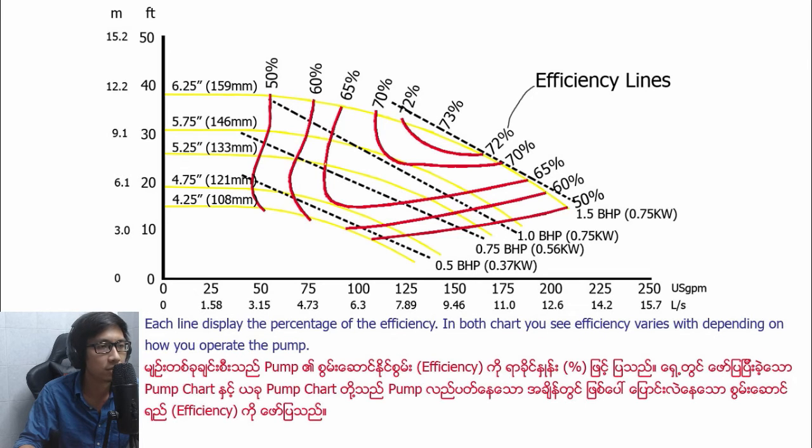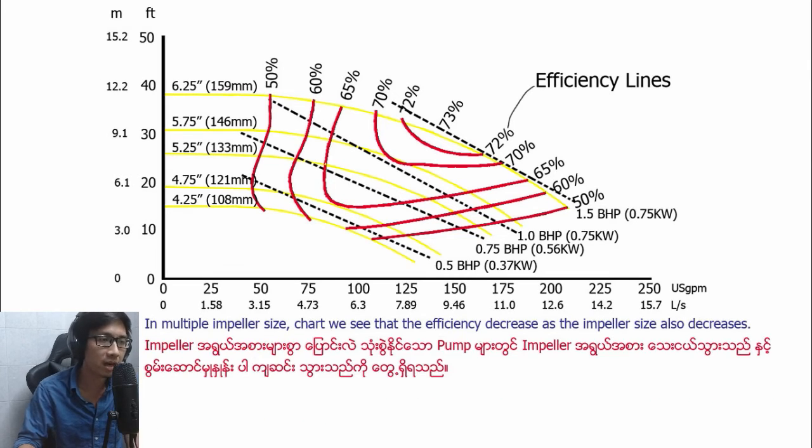Each line displays a percentage of efficiency. In both charts, you see efficiency varies depending on how you operate the pump. In multiple impeller size charts, we see that the efficiency decreases as the impeller size also decreases.